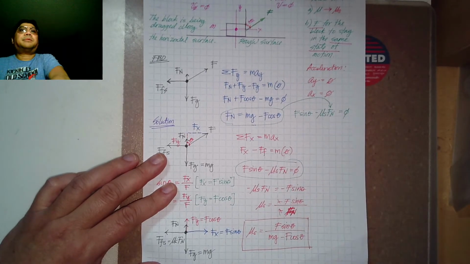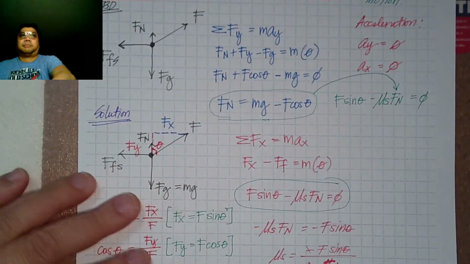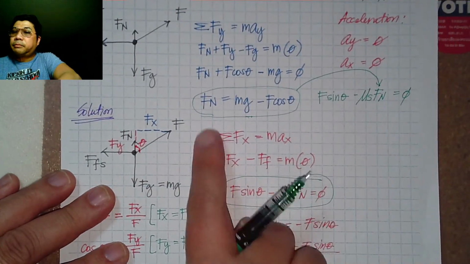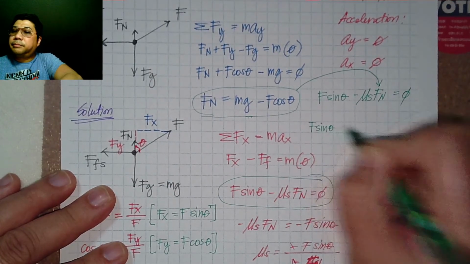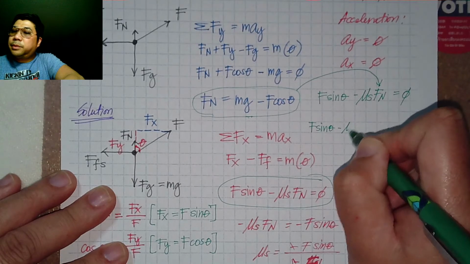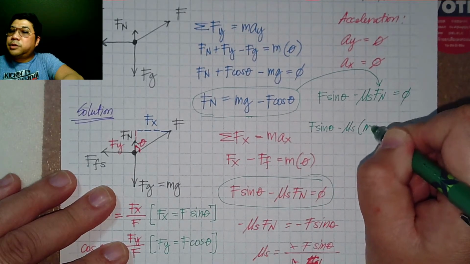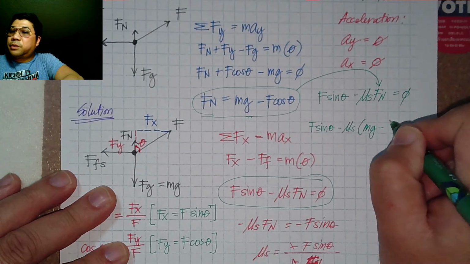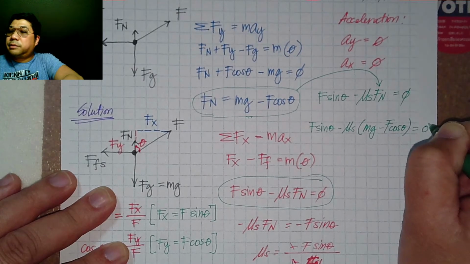I will try to write smaller, but let me just zoom in so you can see. So F sine theta minus mu s, that's Fn, so this will give us mg minus F cosine theta equals 0.